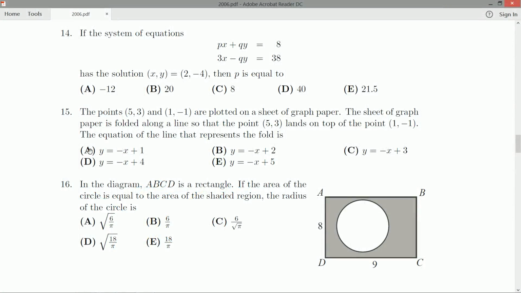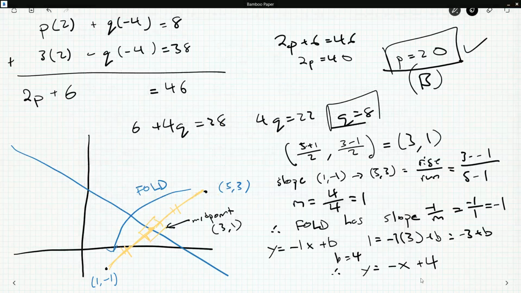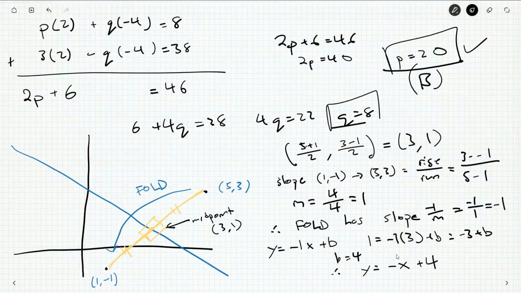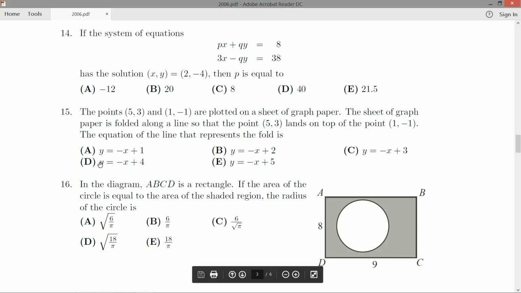We could either note that and then make sure our answer matches that, or if I'd got y equals mx plus b form and then wanted standard form, something to know is how to convert between the two of them. But we see -x plus 4 is right here, so this plus 4 and the -1, so we get D.